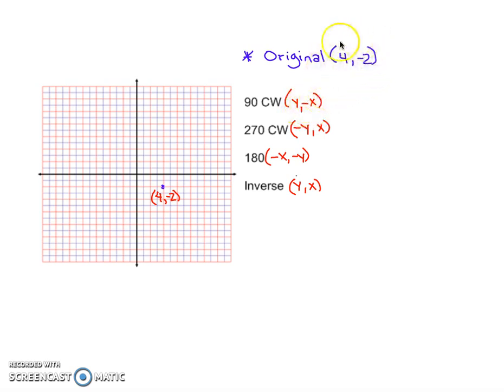My y value is -2, so I would put that first. And then the formula says next we want -x, which means to take the opposite of x. My original x is 4, so I'm going to write -4 here.